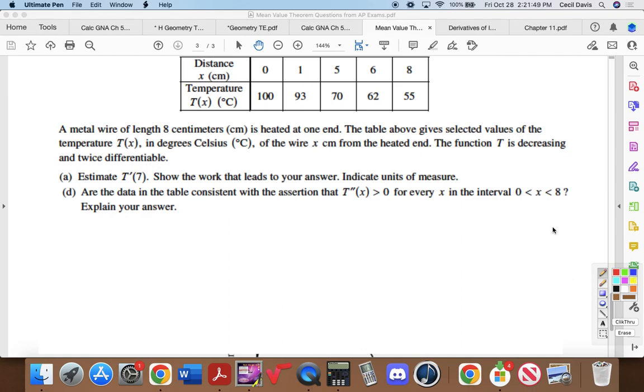So, the average rate of change of T on the closed interval from 0 to 1: the temperature decreased 7 over 1, so that's negative 7 over 1, or just negative 7.